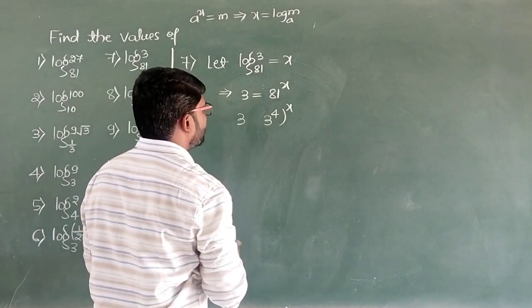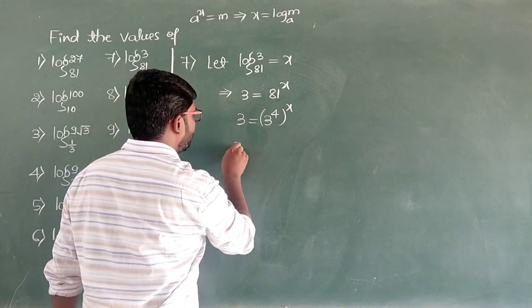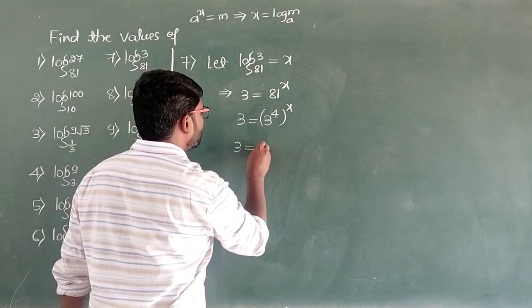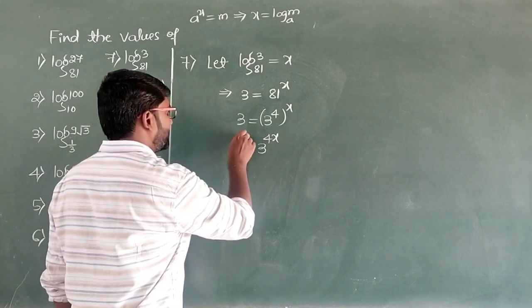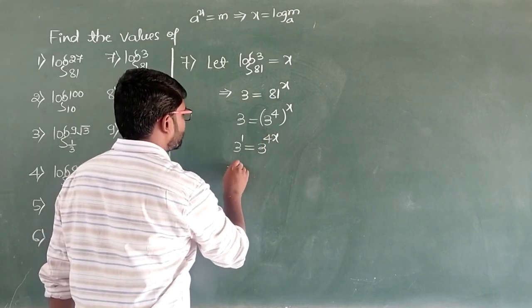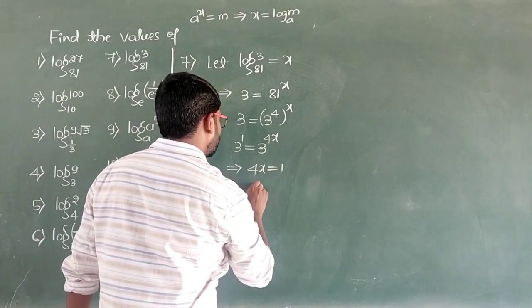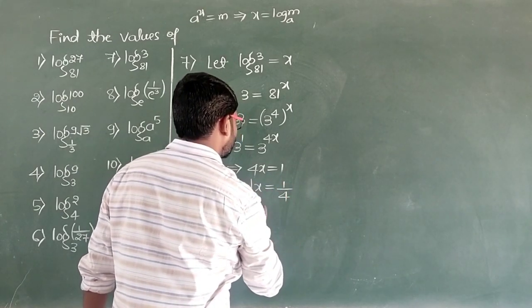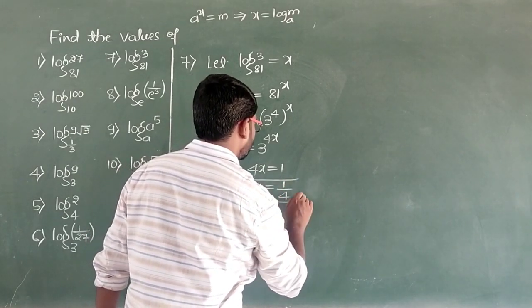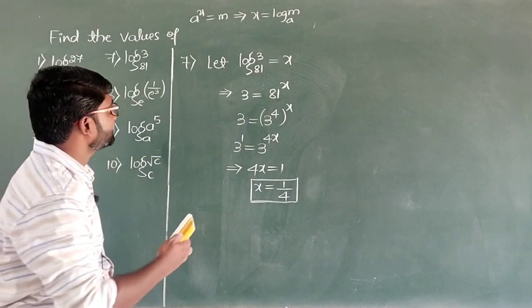So in the next step, these two will be multiplied now. 3 is equals to 3 to the power 4x. Then there will be 1 here. You have the same base. This implies 4x is equals to 1. That means x will be 1 by 4. So this is the answer for question number 7.